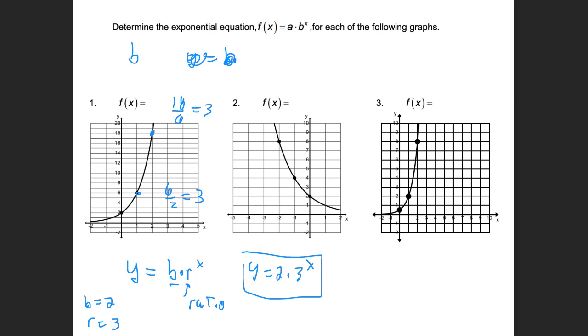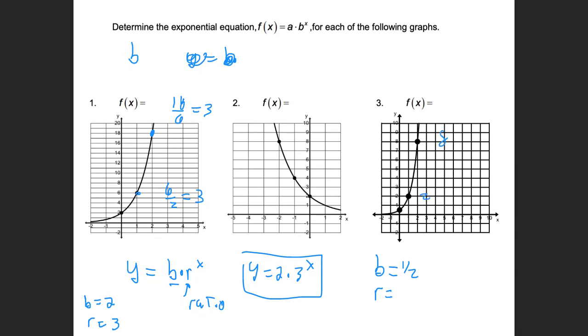So let's do number 3 before we go to number 2, because number 2 is going to mess some people's heads up. Number 3, what is my b value? 0.5, or let's say 1/2. What is my r value? Oh, 4. So I look here. This looks like it's at 8.